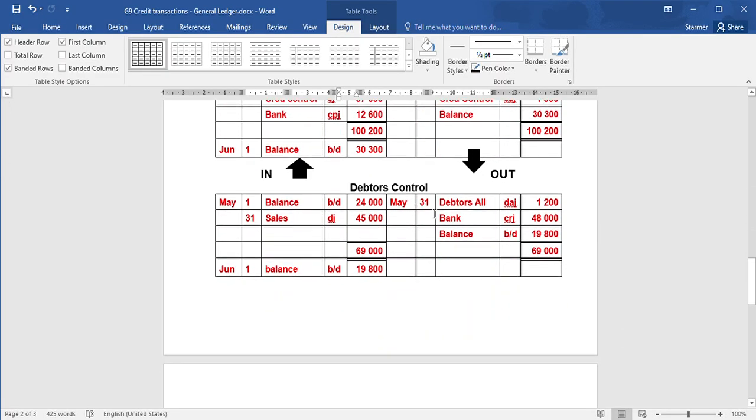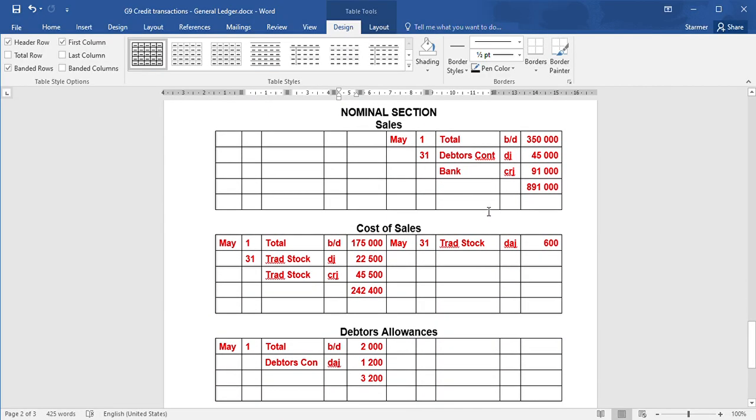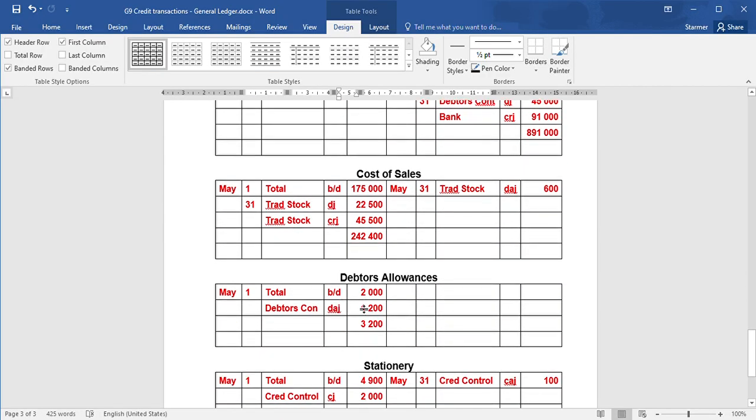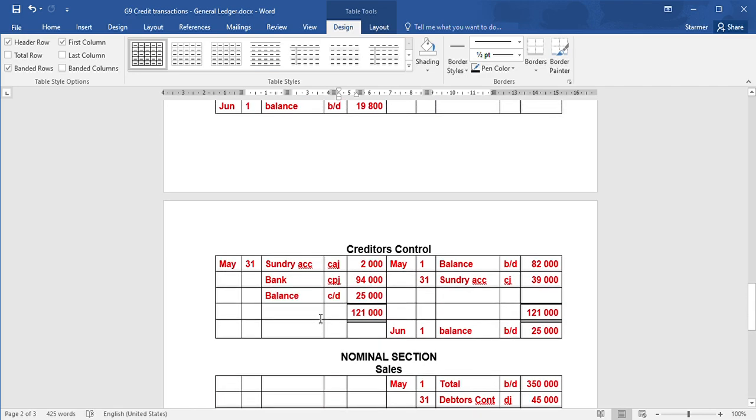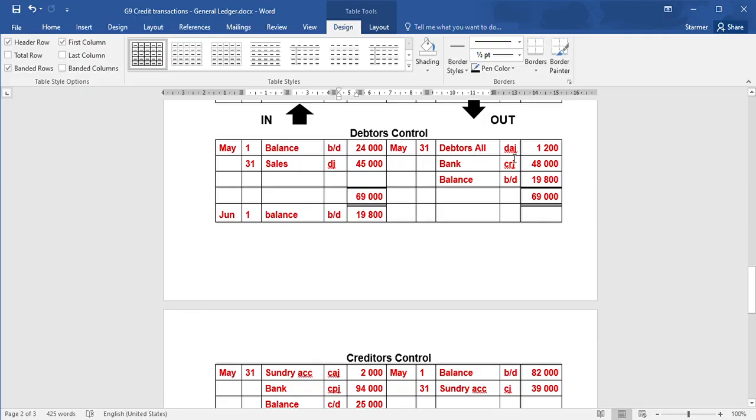And the other account that's got that number in is debtors allowances. And then in debtors allowances, can you see it's on the other side now? It's on the debit side. Debtors allowances is increasing, so that's on the plus side. So in debtors allowances, you write debtors control, and in debtors control, you write debtors allowances.